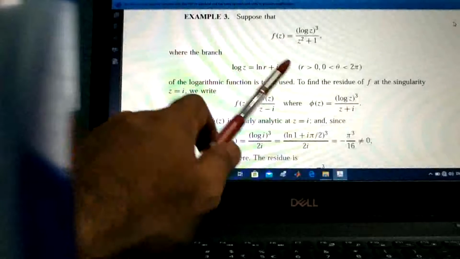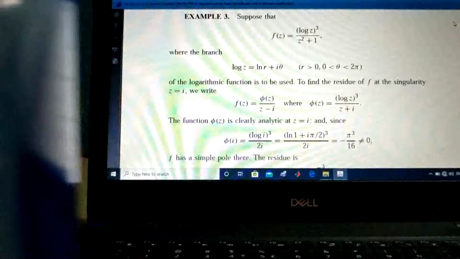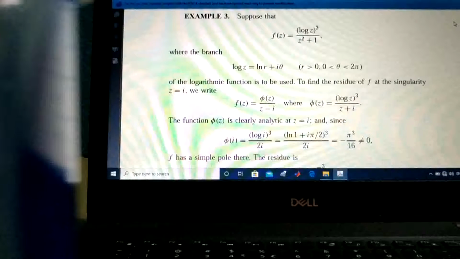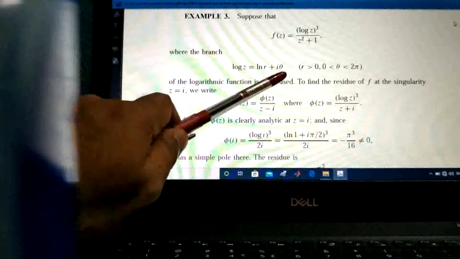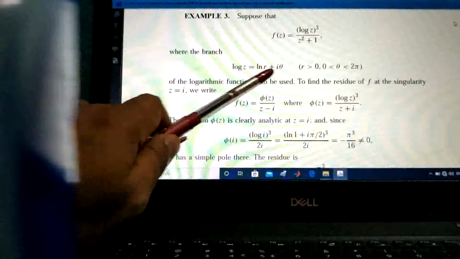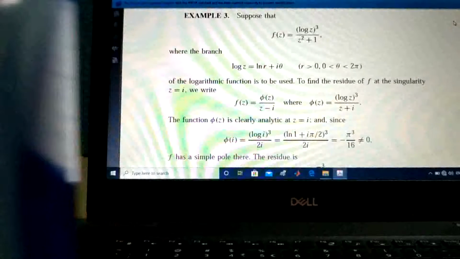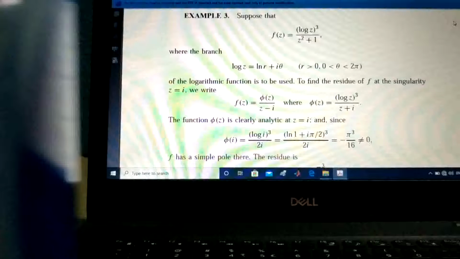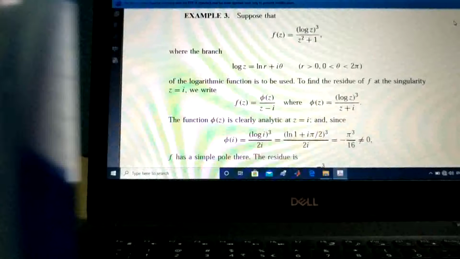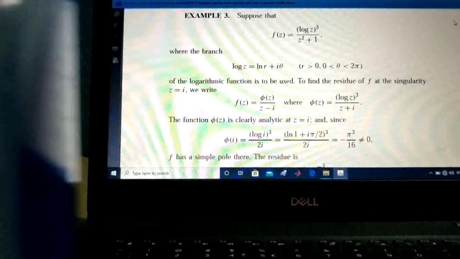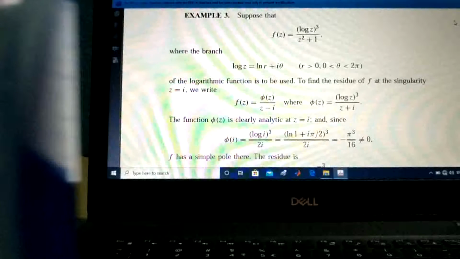So considering this branch cut, we can discuss also here that u is ln r and v is theta, which satisfy the Cauchy-Riemann equations in polar coordinates, and the first order partial derivatives u r, u theta, v r, v theta are also continuous.